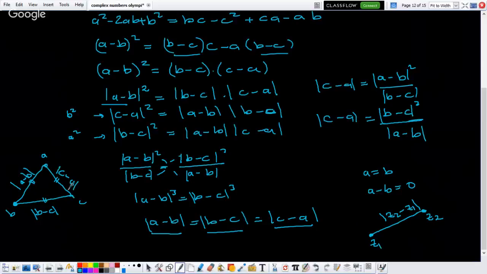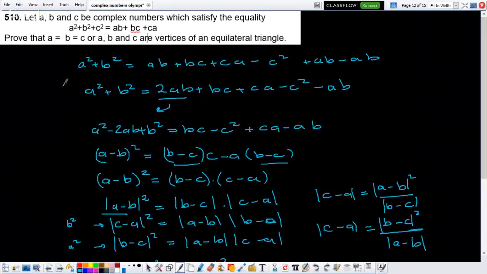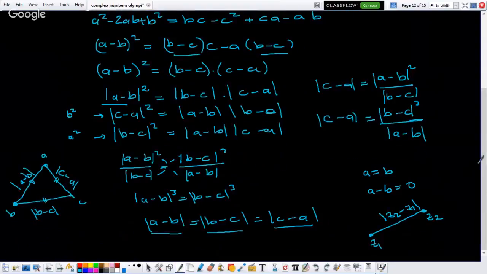If the distances are not equal to 0. If the distances are equal to 0, it means that they are representing the same point. It says in the question at the beginning, if you prove that A, B, C are equal to each other, A is equal to B is equal to C, if the modulo of AB is equal to 0, then all of them are 0.